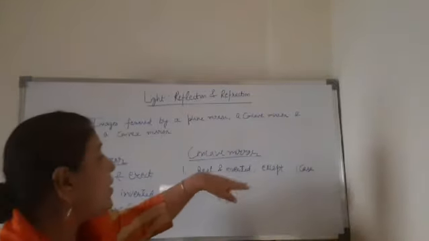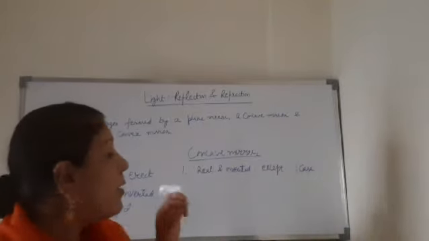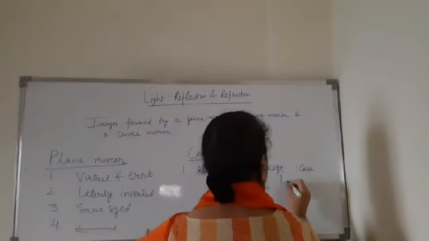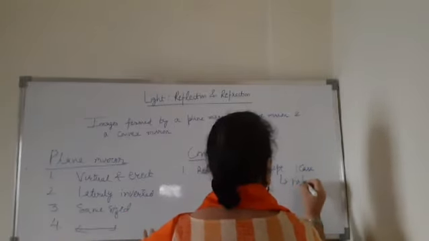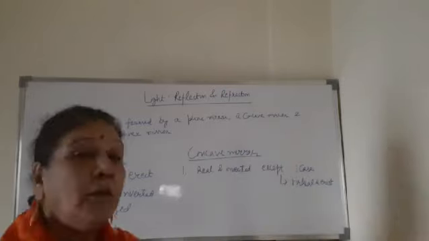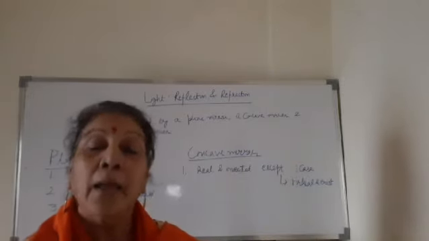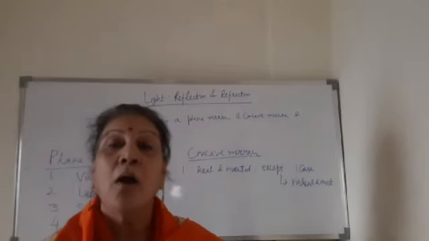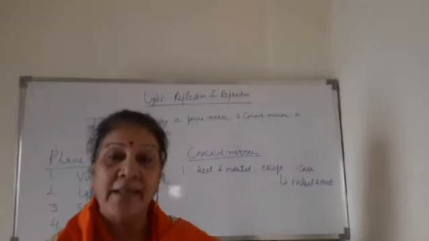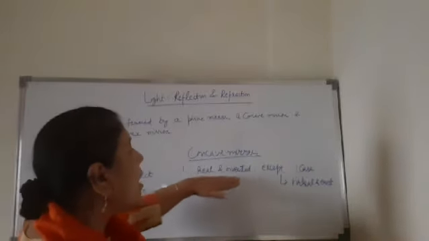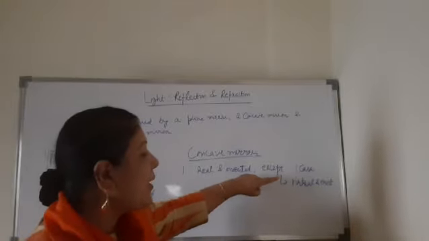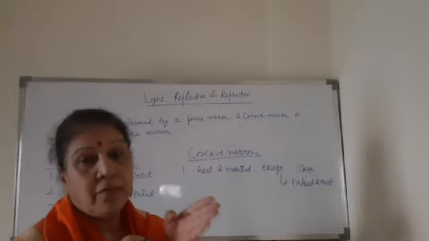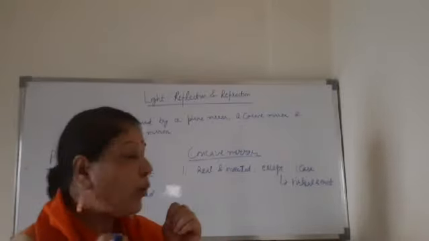As of now, remember the concave mirror makes real and inverted image, except one case where the image formed is virtual and erect. It means that concave mirrors can make real as well as virtual images. It all depends on the position of the object where it is placed. Otherwise, you can remember that it makes real and inverted image barring one case where the object is very close to the mirror, which is when the object is between focus and the pole.